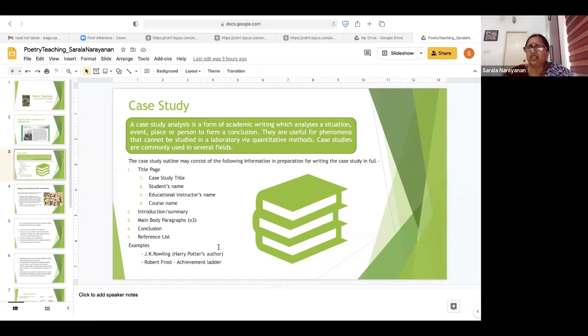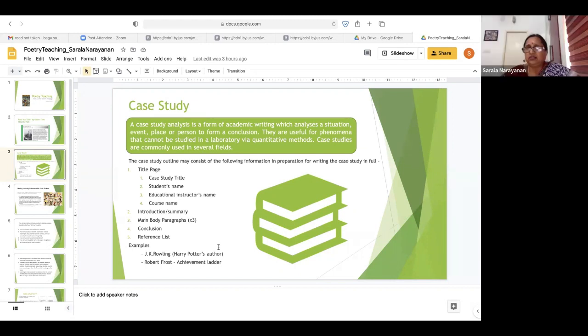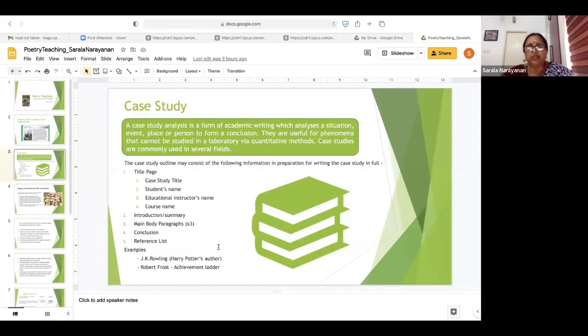So case studies are very useful for us in teaching in the classroom. How do we go about writing a case study? The case study should have a title, the student's name, then the instructor's name, and the course name, of course, what course the student is doing.